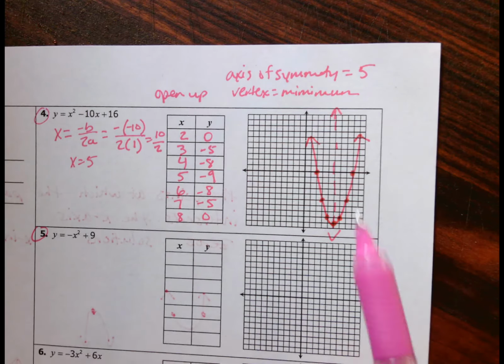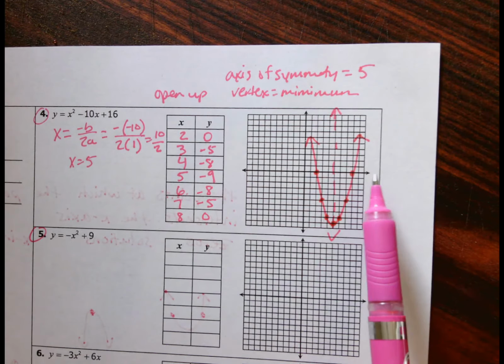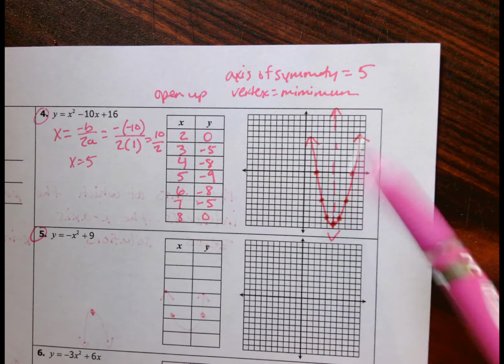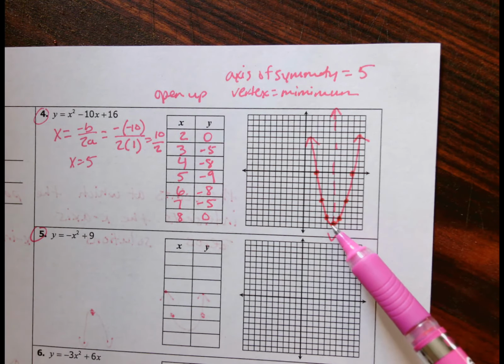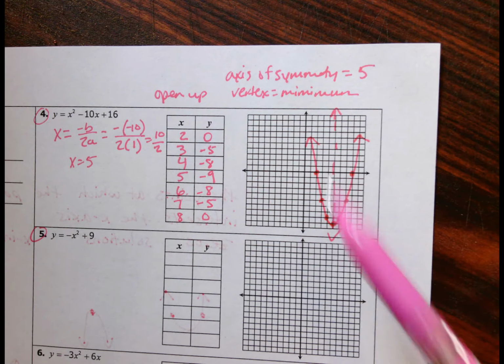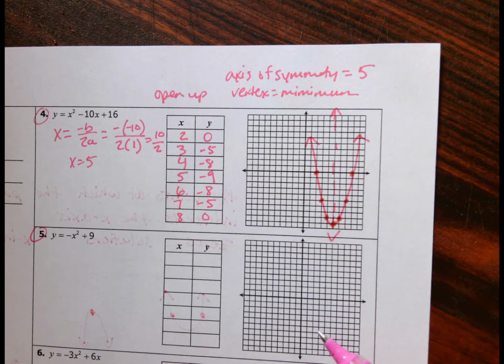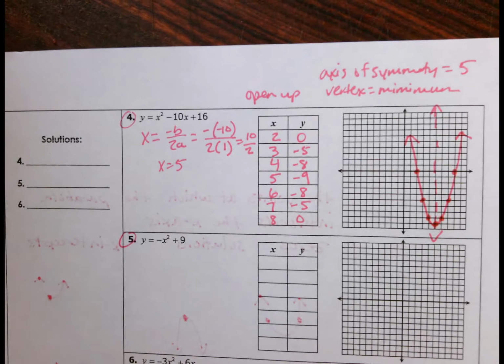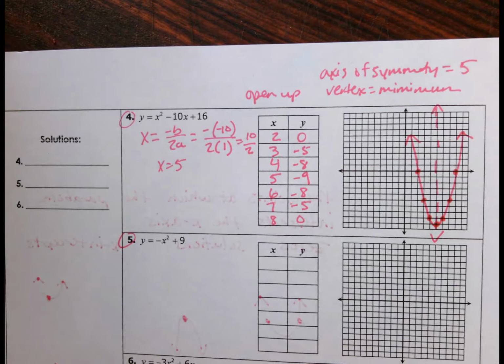Okay, remember our domain is going to be all real numbers because all of these x values are used. Y values are only going to be from this negative 9 up. So y is going to be greater than or equal to negative 9. There are going to be no more y values below that point. It is the minimum point. All right, so we are looking for the solution, the root, the 0, whatever you want to call it.